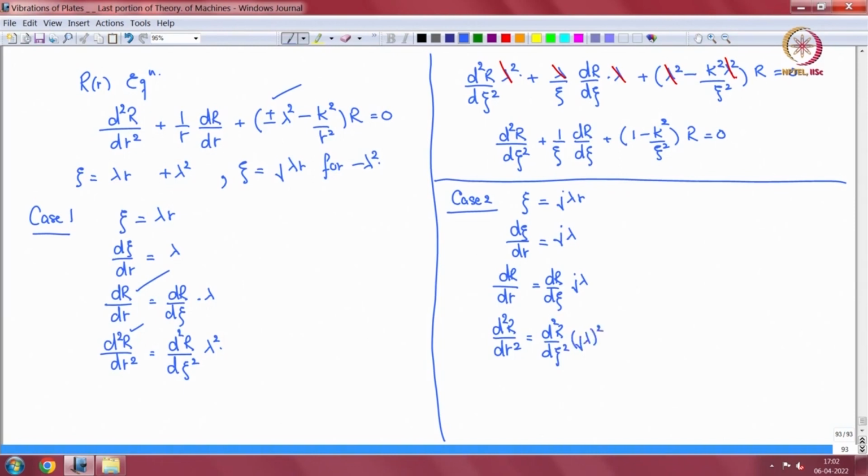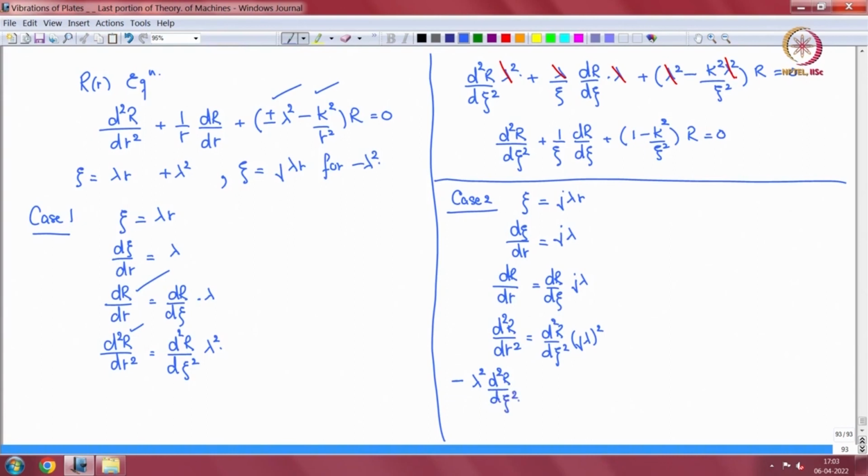Now if we look at this equation again, d2R by dr square is minus lambda square d2R by d xi square.